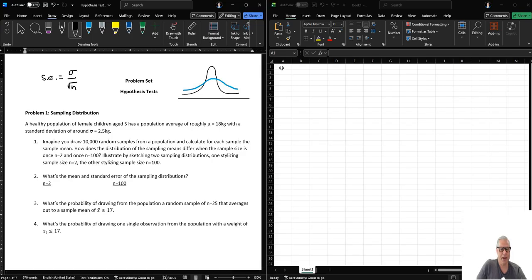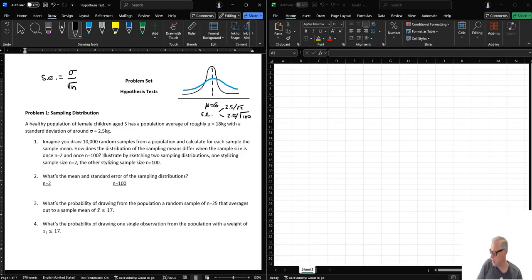So here we will have a mean of 18, and once we have a standard error of 2.5 over the square root of 2, and once it is 2.5 over the square root of 100.